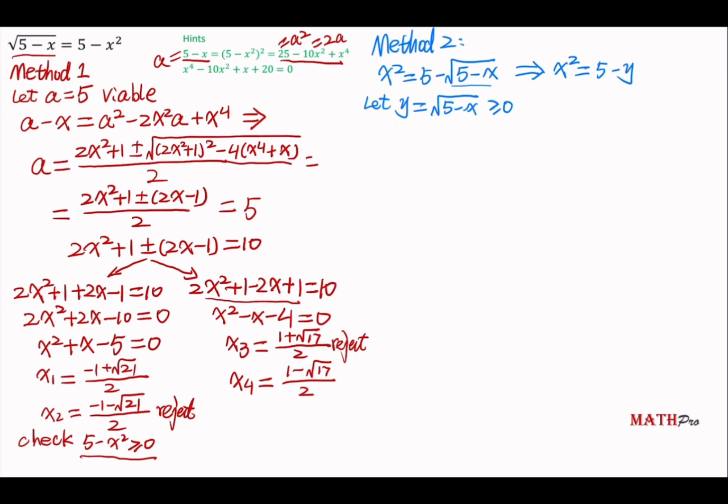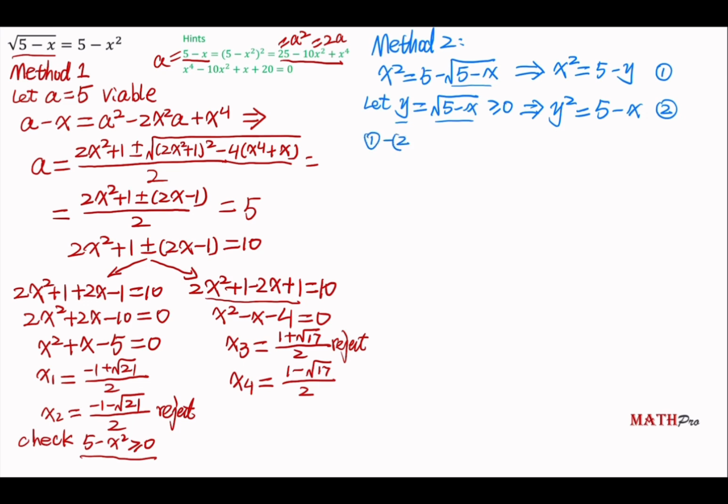And then if we square both sides here, we can get y squared equals 5 minus x. If this is equation 1, this is equation 2.